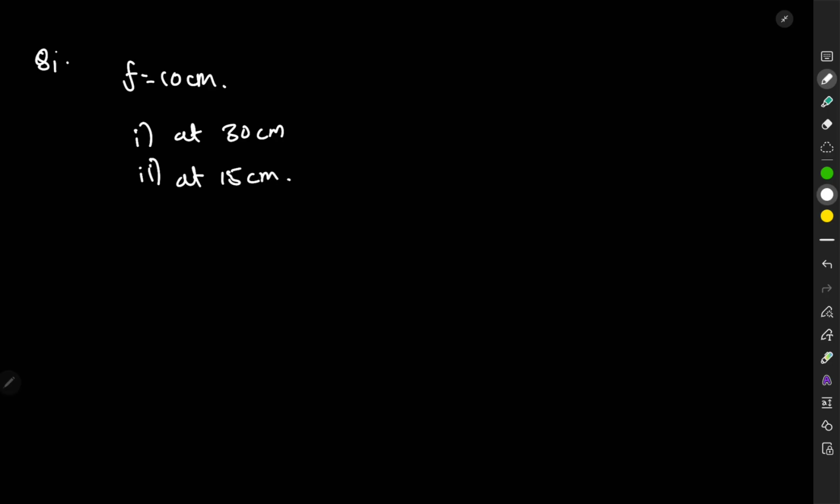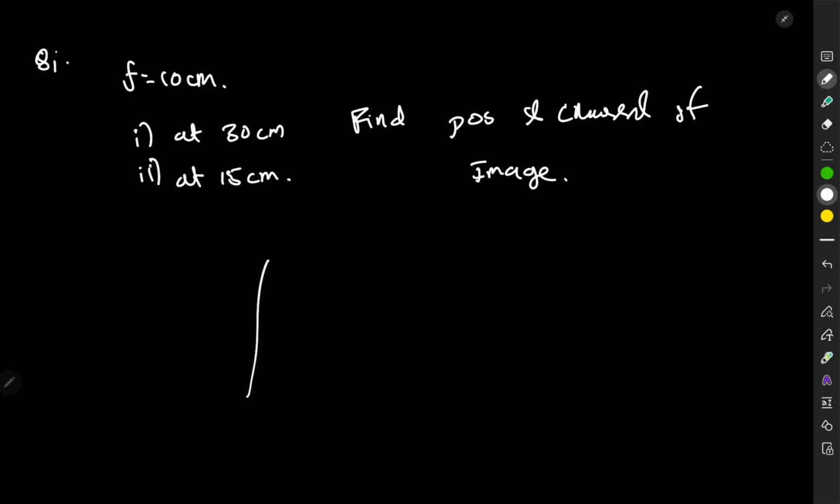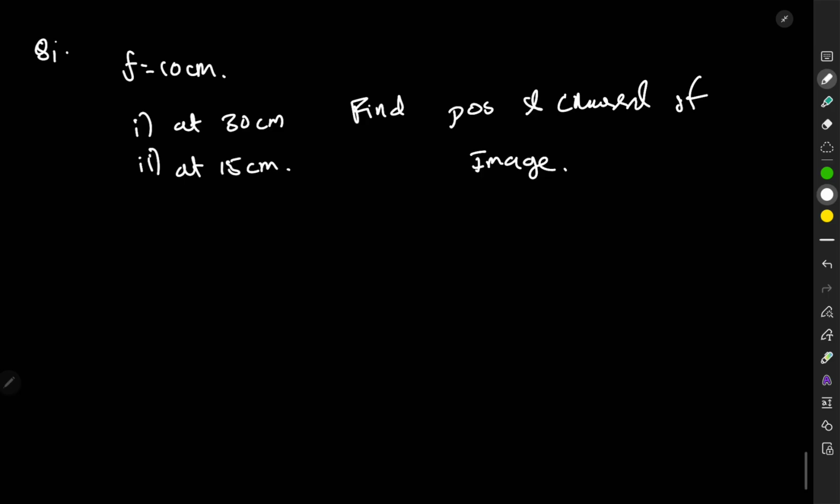We have been given a couple of pieces of information and need to find the position and characteristics of the image. We need not draw the ray diagram in this question. Just analyze the values, that's more than enough.